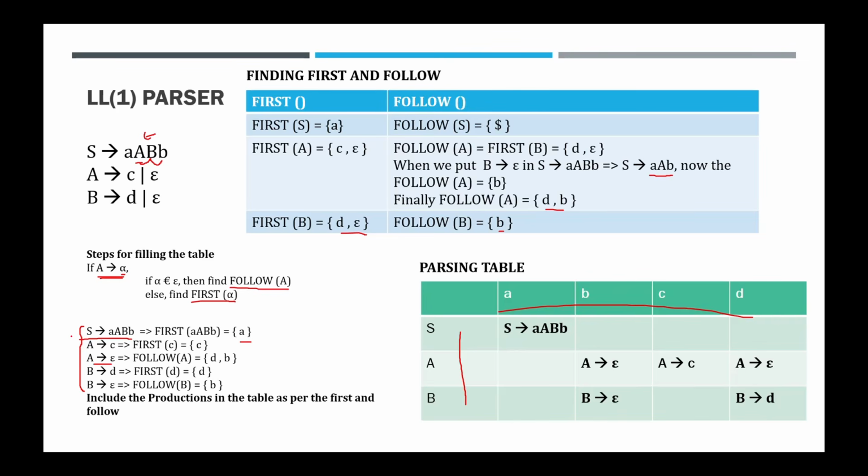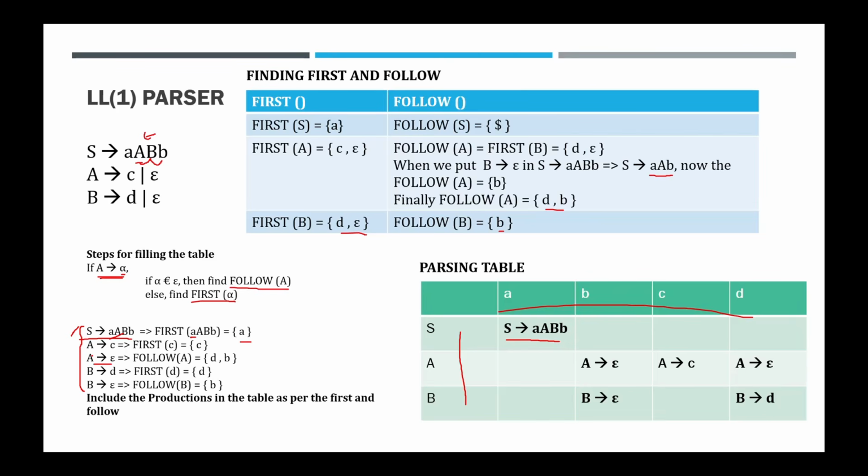S tends to terminal A, non-terminal A, non-terminal B and terminal B. Where to include this production? For that, find the first of the right hand side. What is first of the right hand side? It is a terminal A. So in terminal A include this production. That's it. Next one, what are the A productions? In A we have two productions.